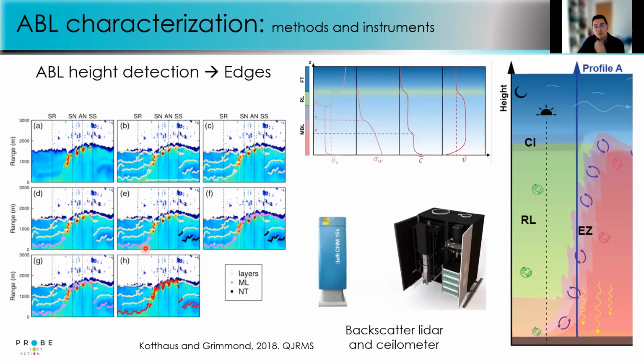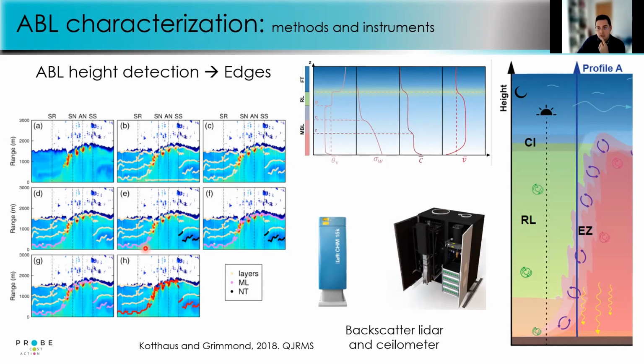We also have different algorithms like the KABAM, developed by Simon Kotthaus. In this case, we determine different candidates for the ABL, and then there's an algorithm to discard some of the candidates.